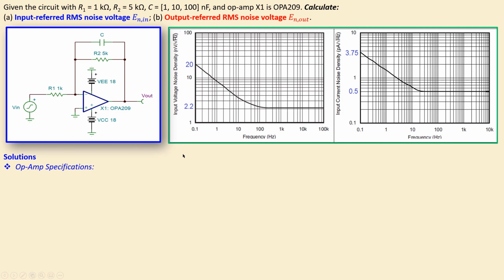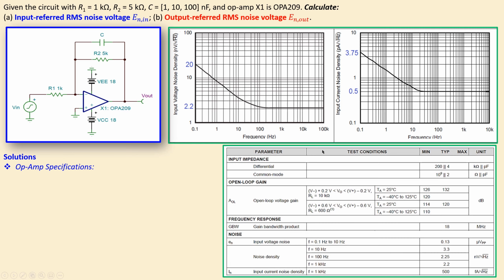Op-amp specifications can be seen from the datasheet of the OPA209 op-amp, and we have the plots here that show the response of the input noise voltage spectral density and also the input noise current spectral density. In addition, you have some parameters and test conditions that will also be important for the noise calculations later on.